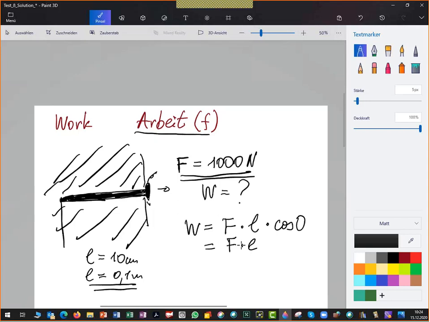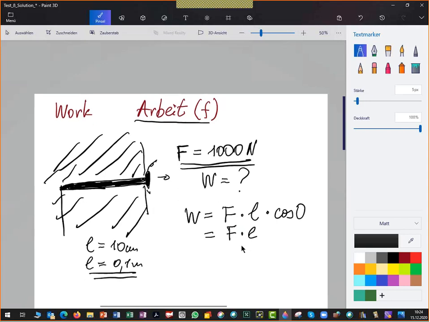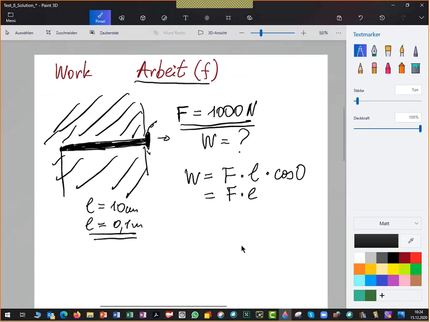It is not correct. Why is it not correct? Because our force does not remain constant. So you cannot apply this formula.